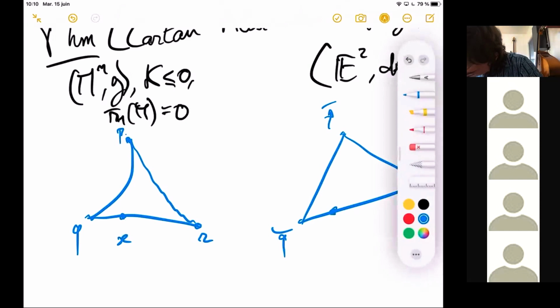Point X here, X bar here. And so these are comparison triangles.